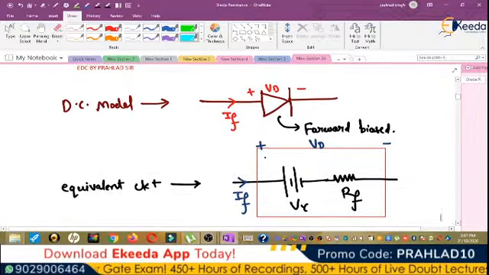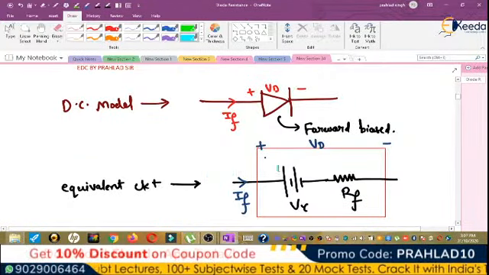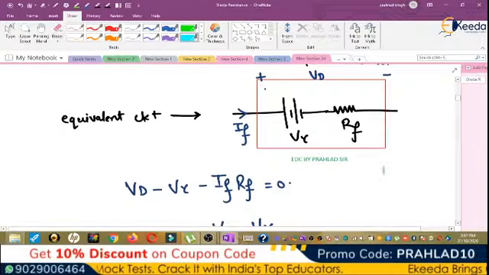Talking about the DC model, this is the diode in which the forward voltage is Vd and current IF is flowing. The equivalent of the diode is a cut-in voltage battery of V gamma and the resistance RF, where RF is the static resistance.